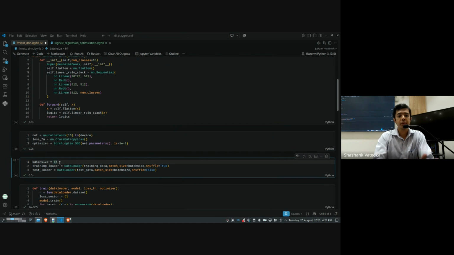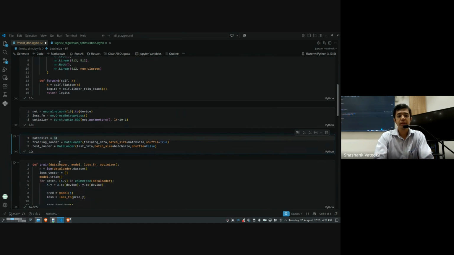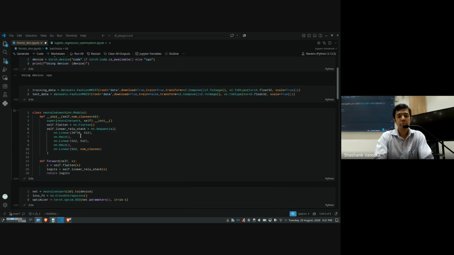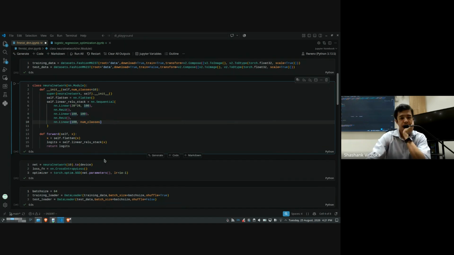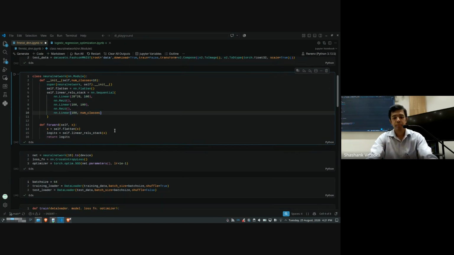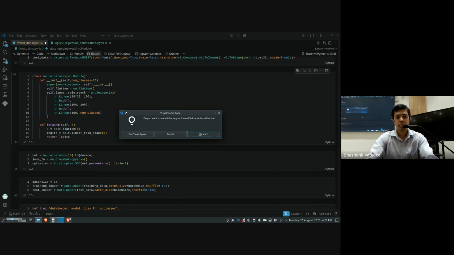So for this particular experiment, I'm using a batch size of 64. In fact, let me perhaps reduce the number of hidden neurons from 512 to maybe 100. Let's just restart.